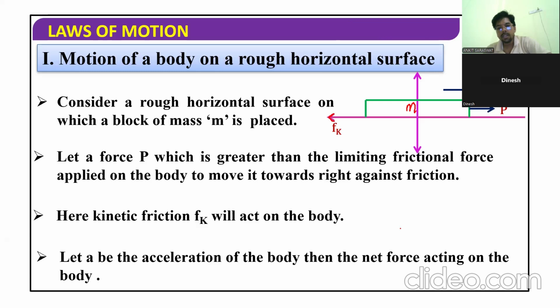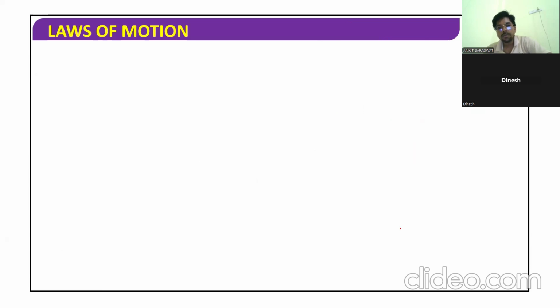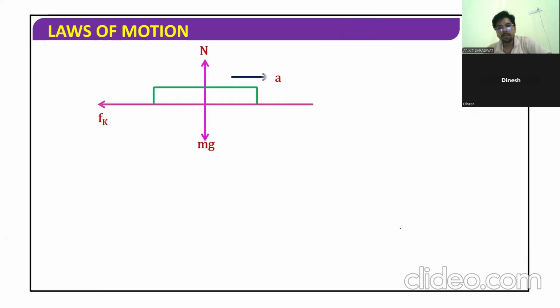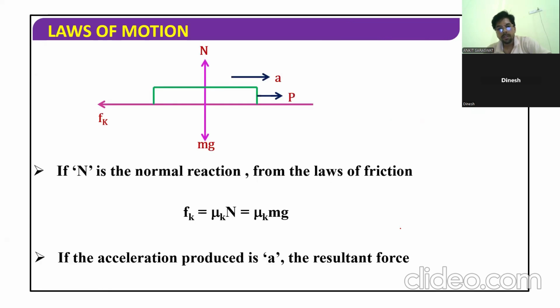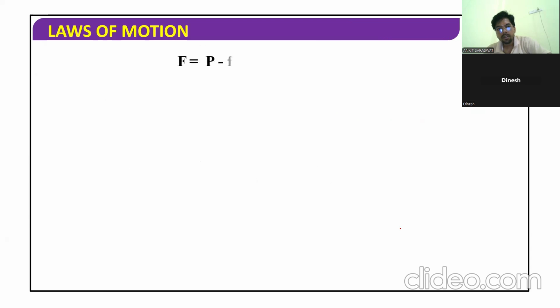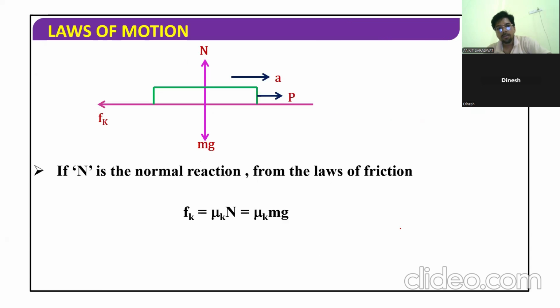Let small a be the acceleration of the body, then the net force acting on the body will be how much? Like this free body diagram. This is friction. Net force will be P minus Fk. Net force is equal to mass into acceleration.